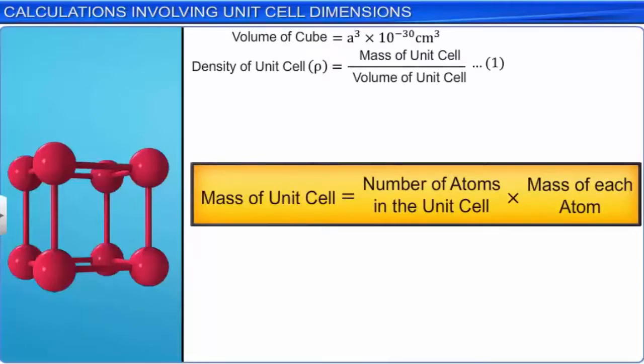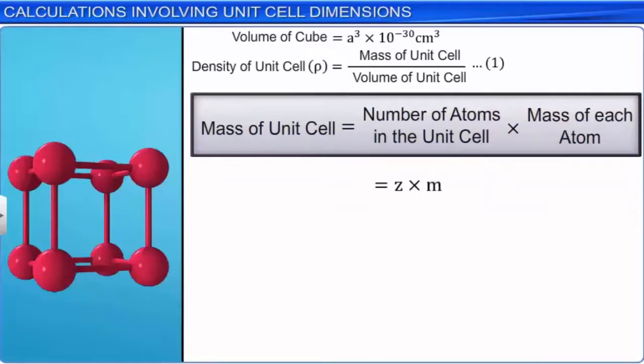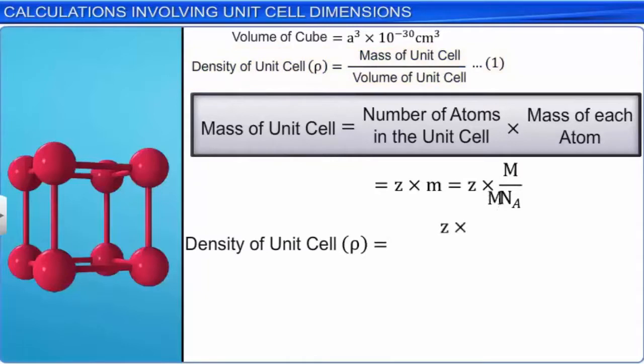That is, Z into M, where M is equal to atomic mass by Avogadro's number. Substituting the values in equation 1, we get ρ is equal to Z into M divided by A cube into 10 to the power minus 30 into Avogadro's number grams per centimeter cube.